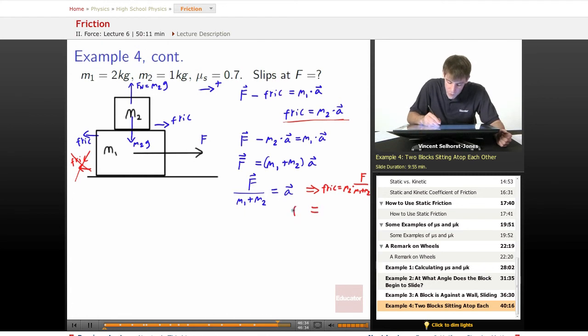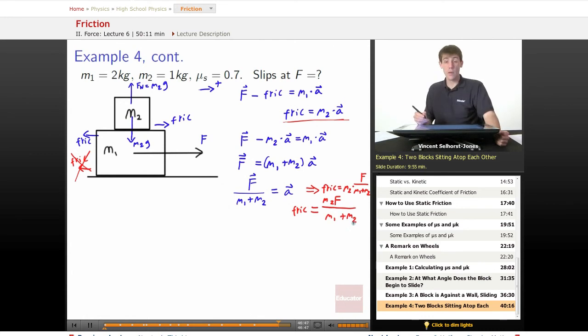So we've got that friction is equal to M2 times the force over M1 plus M2. So now we could sub these things in and figure out what the actual numbers are.